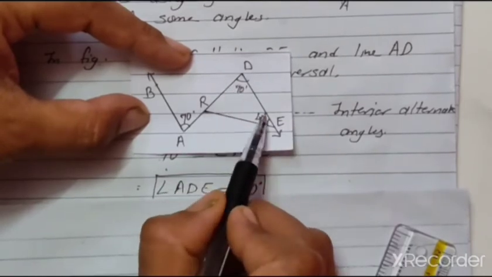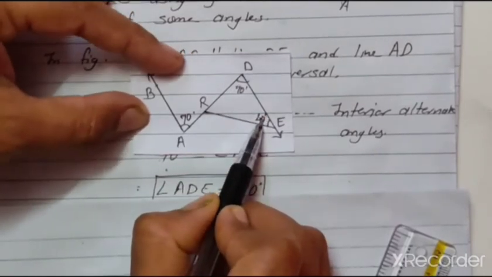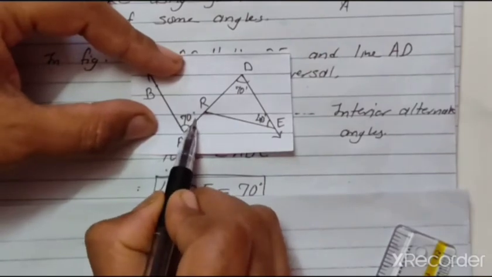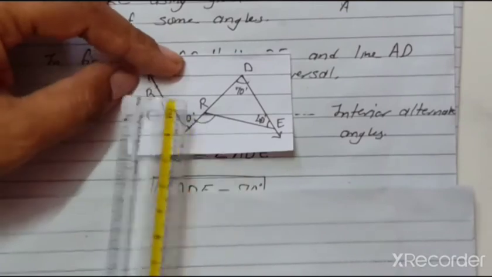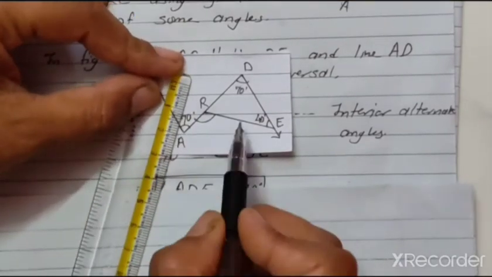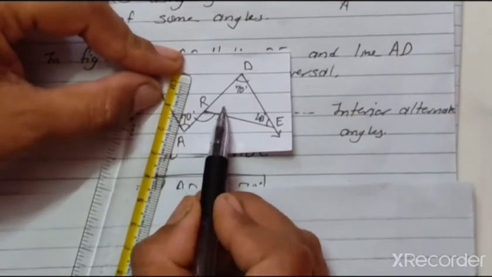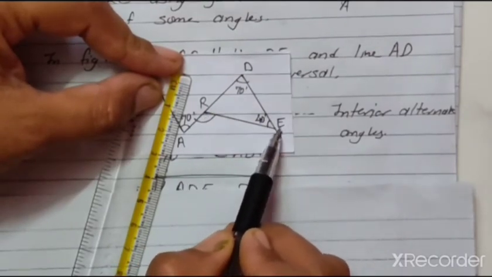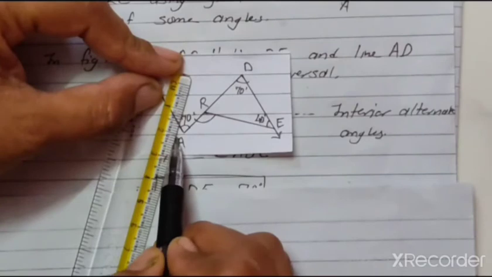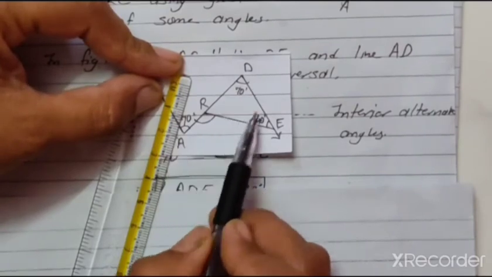Okay, so now you know the measures of these two angles in this triangle. These two angles are the remote interior angles of this exterior angle of this triangle. Now observe only this figure. This is the triangle, and this angle ERA is the exterior angle of this triangle.